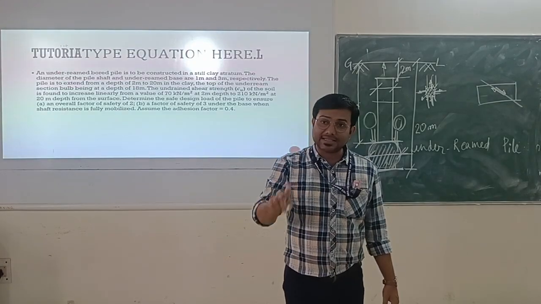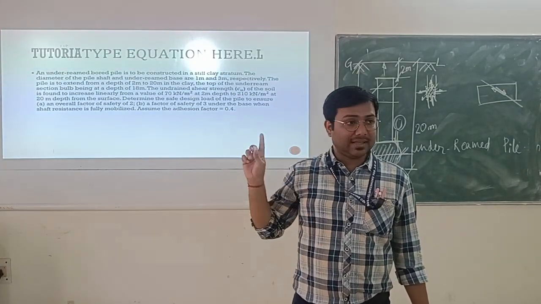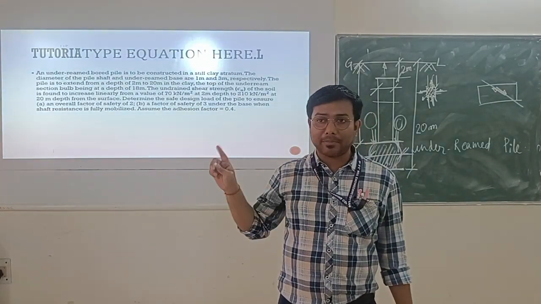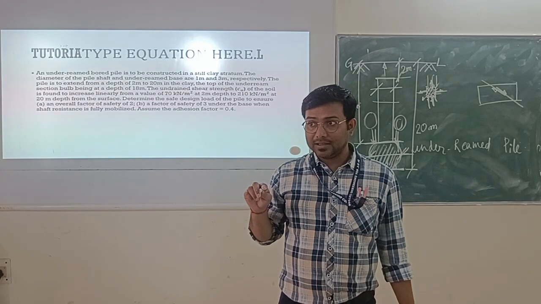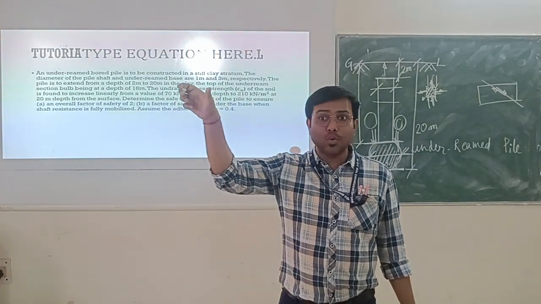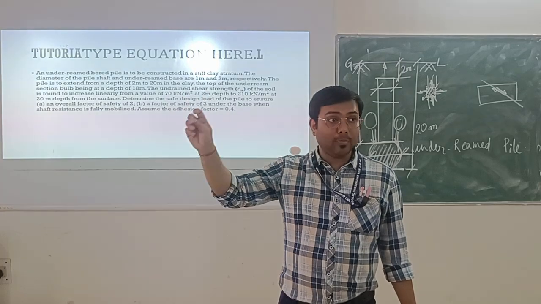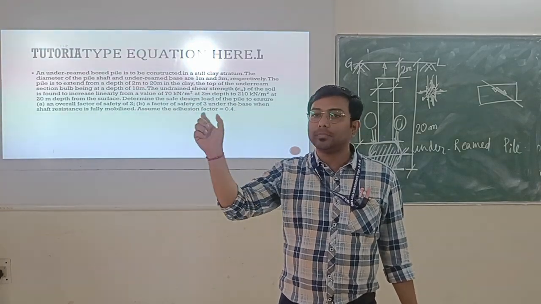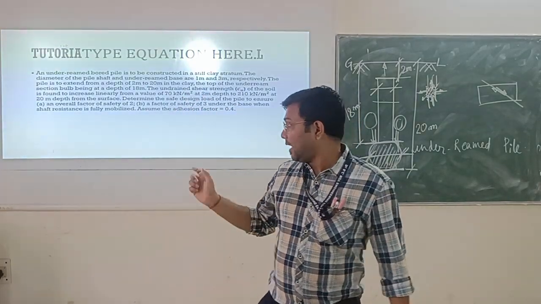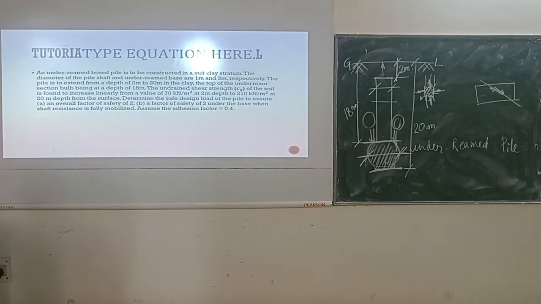Don't be confused. This is the c, because in the equation to determine the load bearing capacity, the first part, Qb, that is the point load bearing capacity, there will be only two parameters, c and Nc. I can show you the equations.